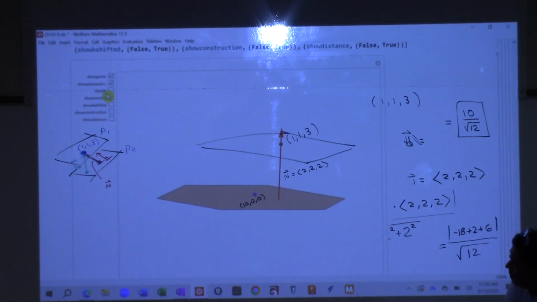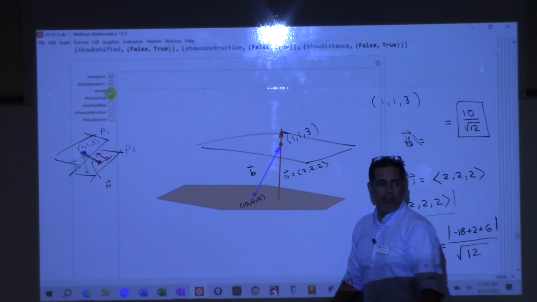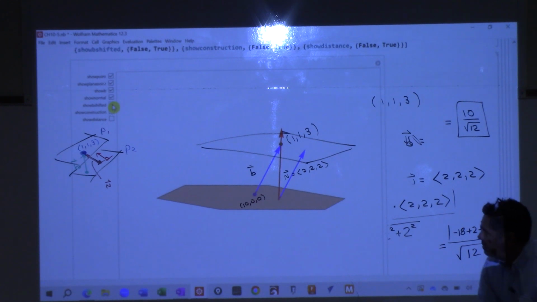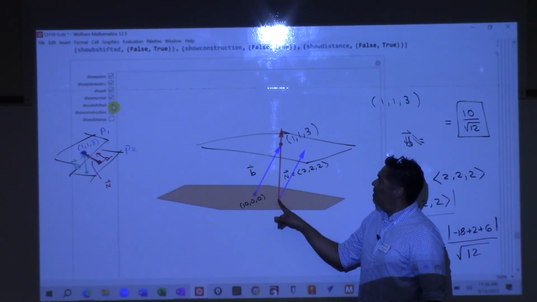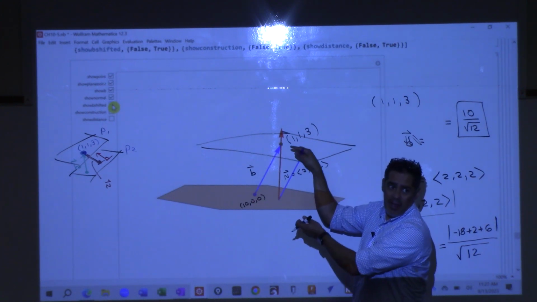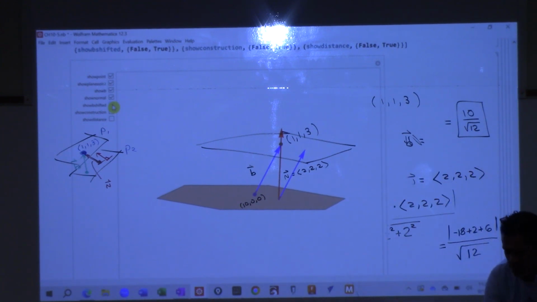All right, now what we did is we created a vector that goes from that blue point to the black point, like that. That's B. And to help us see what we're trying to accomplish here, we can move that B vector so that it's tail to tail with the normal. That way, hopefully it's obvious that if we project the blue onto the red and find that length, that'll be the distance between them. Am I answering your question?